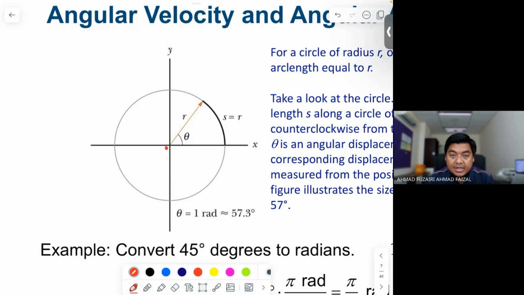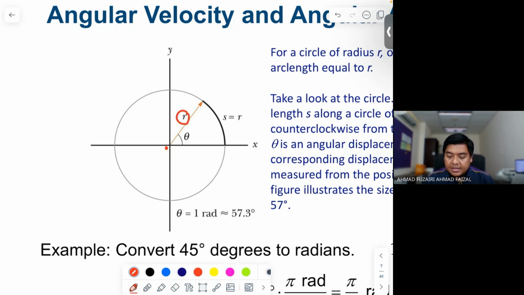So we can see that s, or the circumference, is the length of the outer part of the circle. The length of the outer part of the circle is called circumference. Of course, the length from the center to the circle is what we call the radius r.